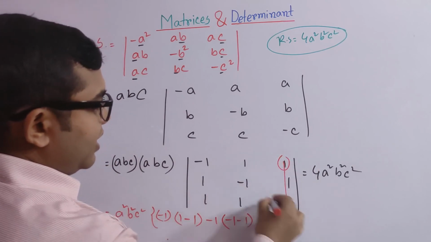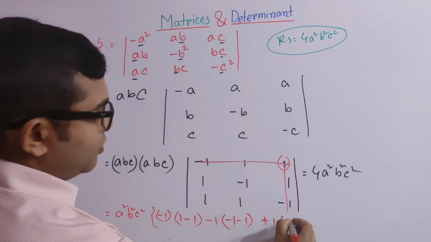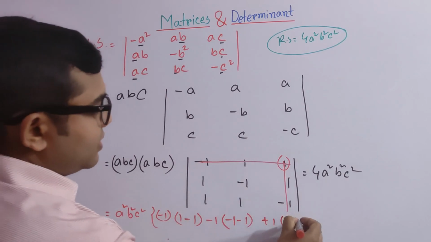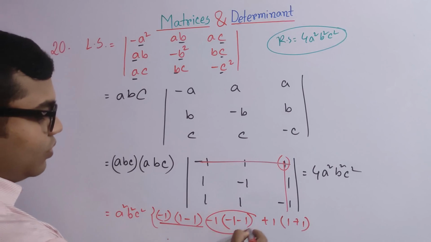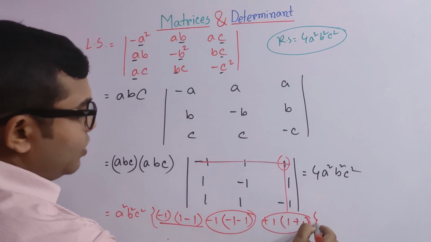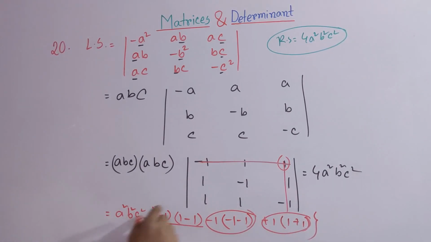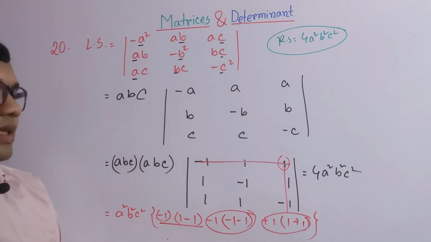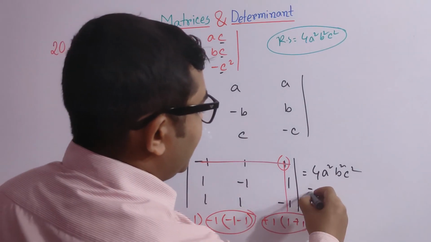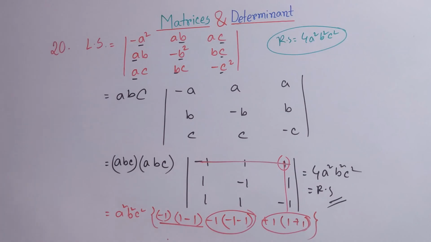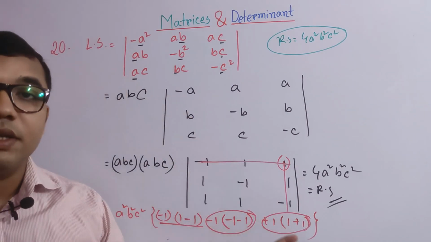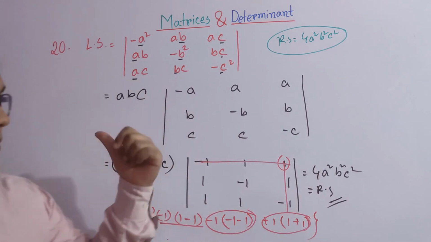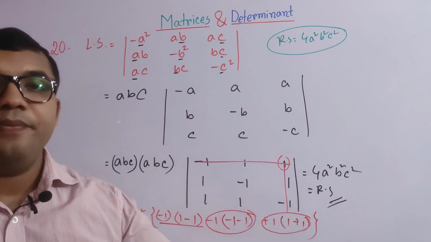So 1 into 1 is 1, and minus means a plus 1. So this is 0, but from here we will get 2 and again 2. So 2 plus 2 is 4, so it should be 4A square, B square, C square, which is our required right side. So dear students, you can understand how we can solve the math very easily with the help of properties. Properties are very important to solve the determinant.